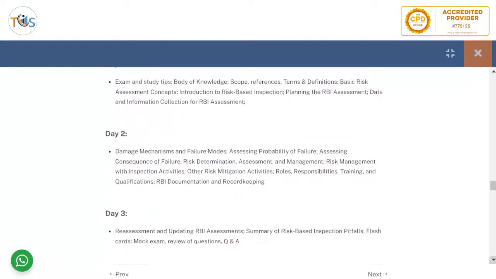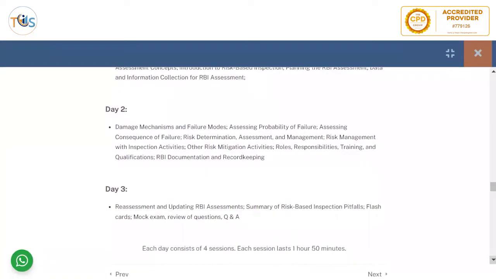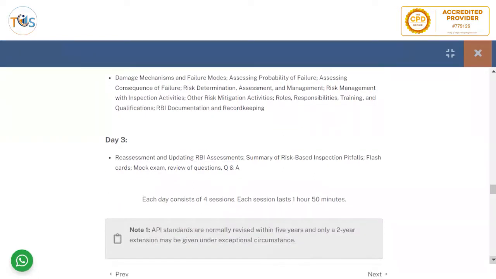On day 2, we shall be talking about damage mechanism and failure modes, assessing probability of failure, assessing consequence of failure, risk determination, assessment and management, risk management with inspection activities, risk mitigation, roles, responsibilities, training and qualification, RBI documentation and record keeping. And on day 3, we shall be talking about reassessment and updating RBI assessment, summary of risk-based inspection pitfalls, flashcards, mock exam, review of question, and Q&A sessions.